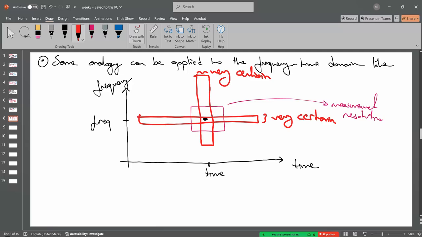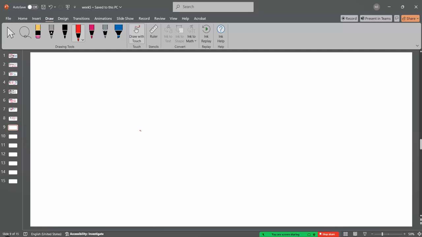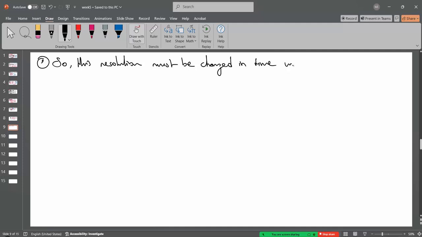Okay, so if this is the case, then we can deduce that this resolution must be changed in time, which means that in the Fourier transform we have the f, and this is the power.